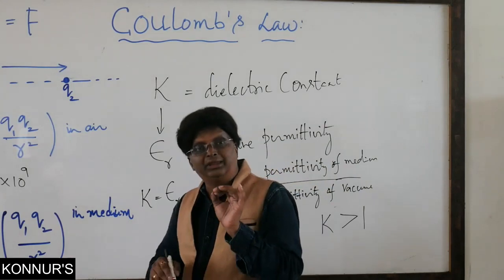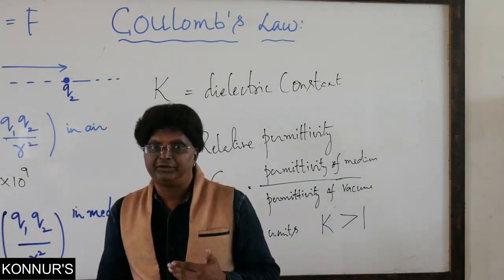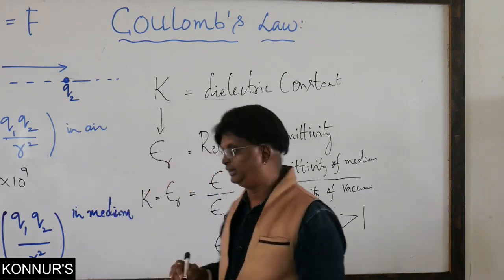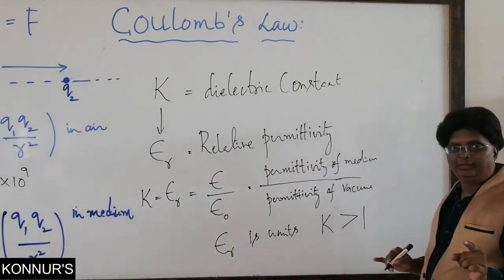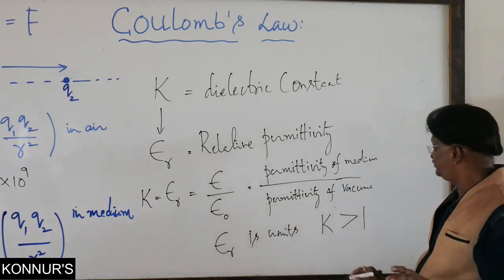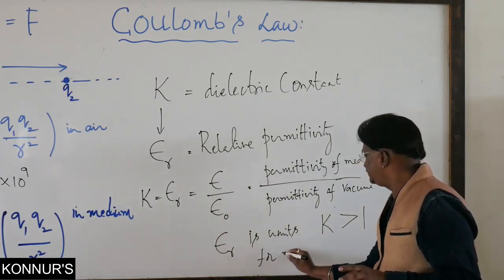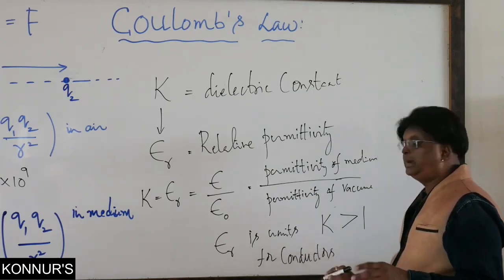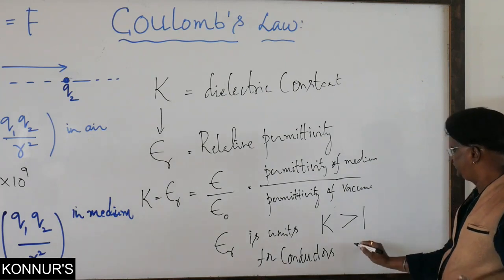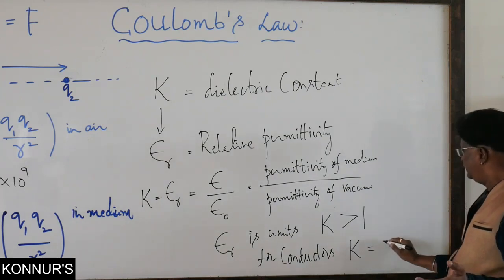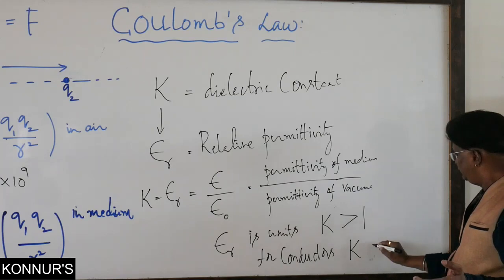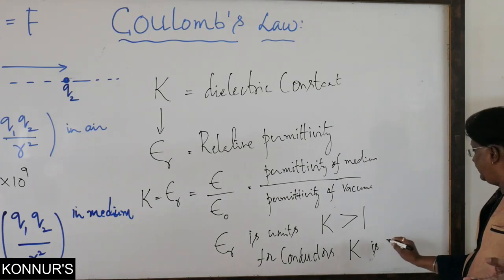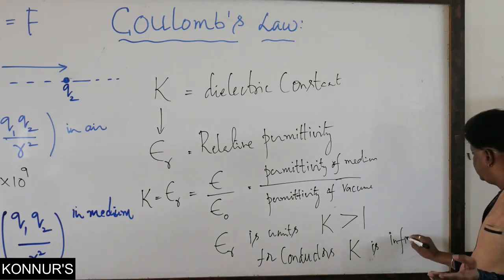Remember, for any medium, whether it is an insulating dielectric medium or a conducting medium, K is always greater than 1, such that for conductors like metals, the value of K is infinite. This is an important point to be remembered. One mark question, two mark question: K is infinite.